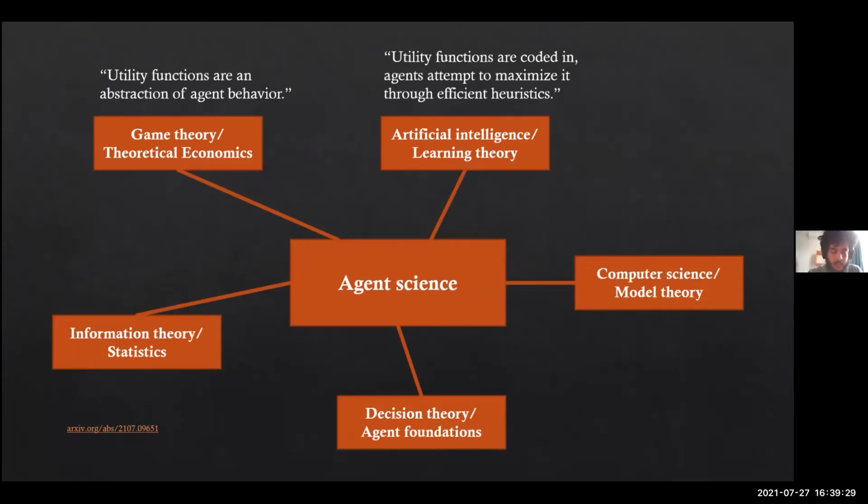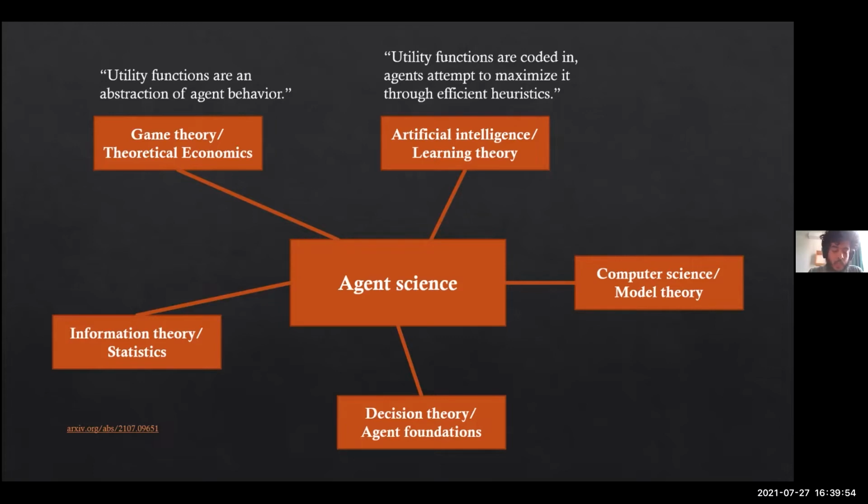Philosophically, the field of theoretical economics is basically just game theory, or maybe a slight variant of game theory, and can be considered a way of looking at what I like to call agent science, which is not standard terminology. The way I would define it is that in theoretical economics, you consider utility functions to be an abstraction of agent behavior.